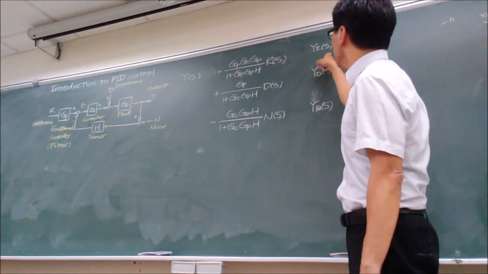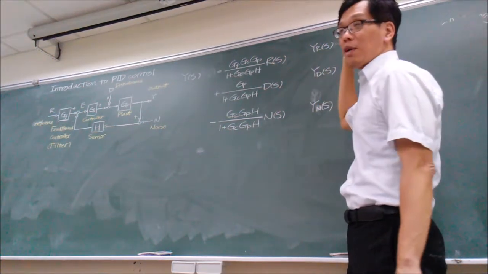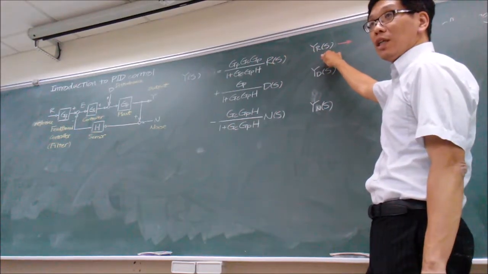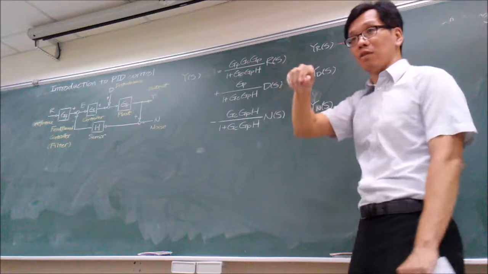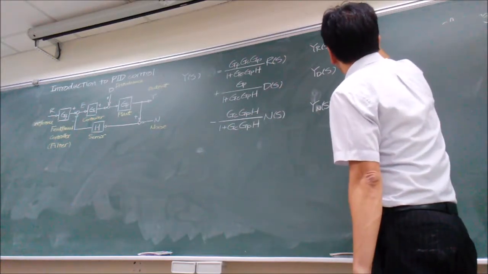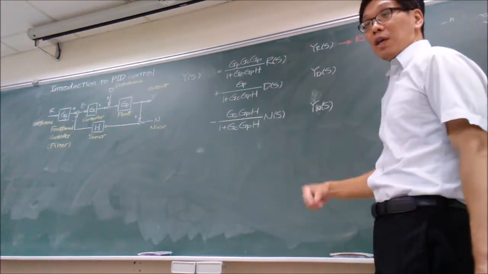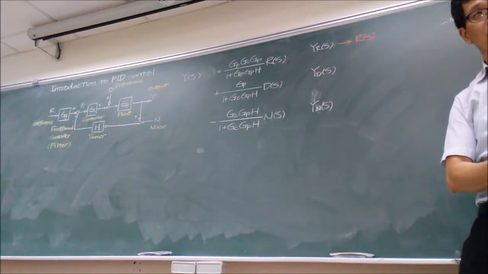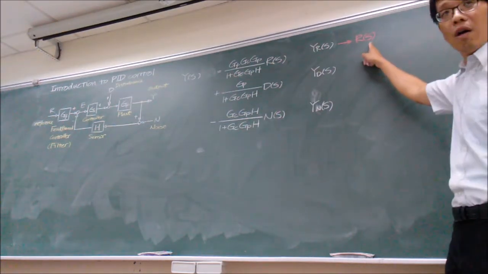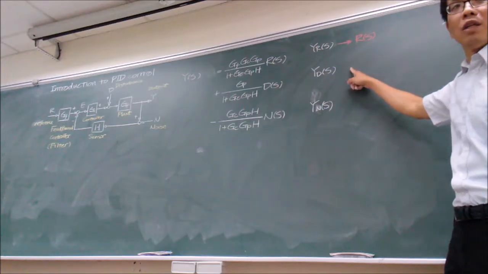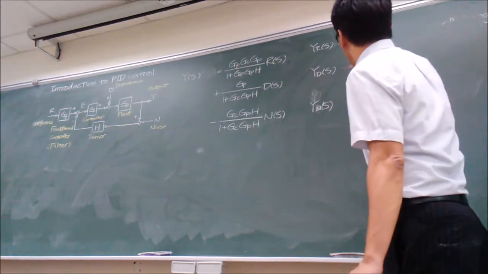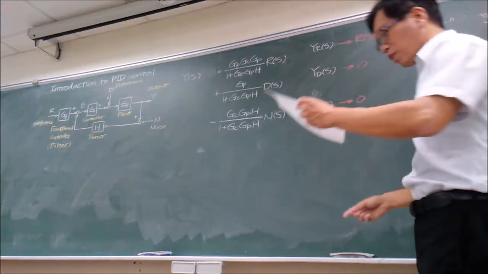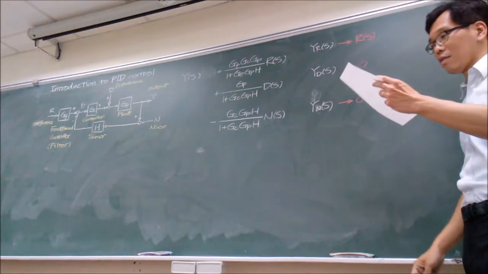This is my output. So when time goes to infinity, what should this one be equal to? Good. It should be off. That's your goal. Because you have a robot, you hope your robot exactly does what you drive it to do. So this one should be off. How about this one? 0. Very good. How about this one? 0. Good. So eventually, we hope to be something like this.